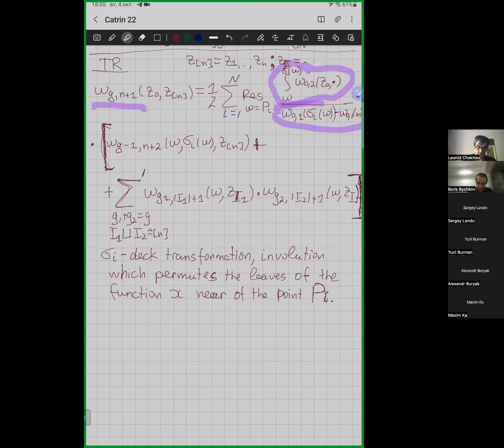Okay, so maybe I should stop here for now, and tomorrow we'll continue. I will end the formulation of topological recursion and continue to reformulate it, and so on.